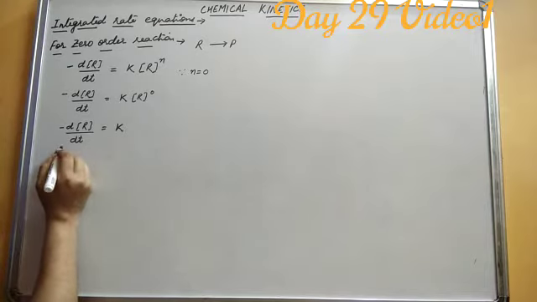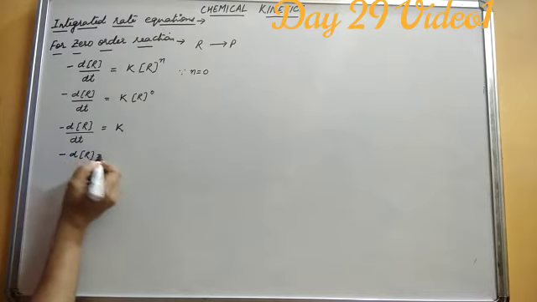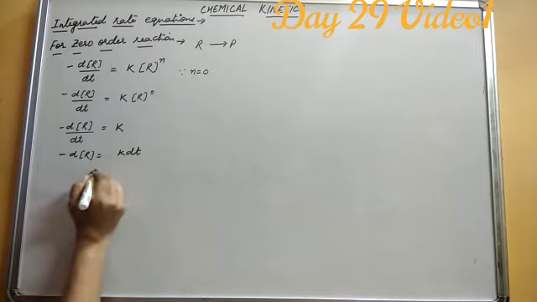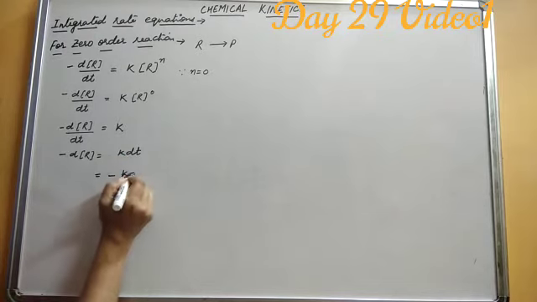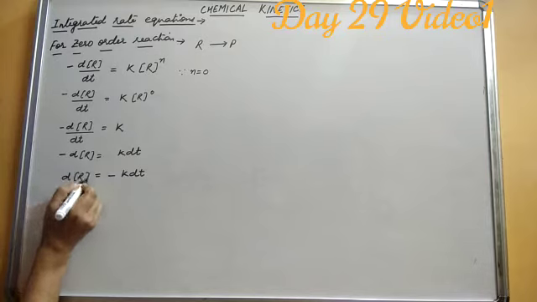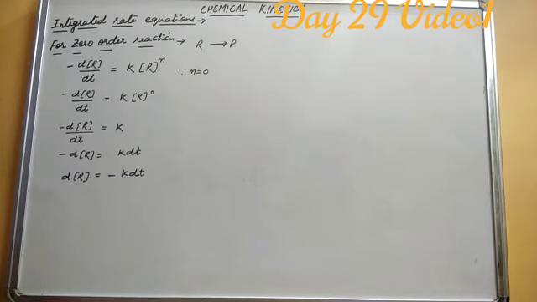Or here we can write minus dR equal to k dt, or the negative sign we can write on the right hand side, minus k dt. This way we can write the equation.